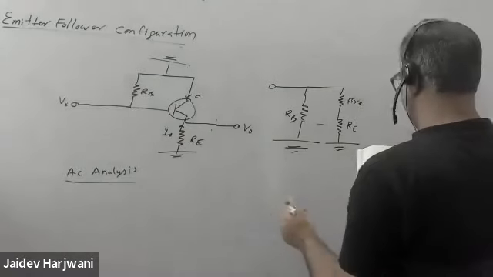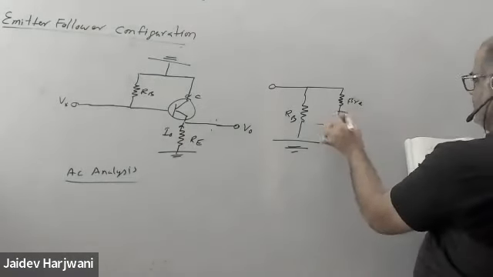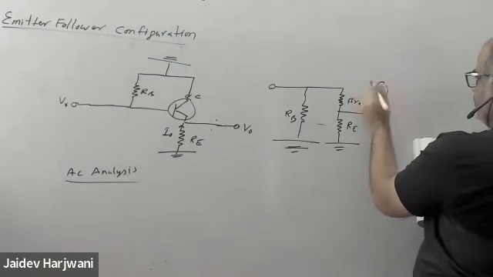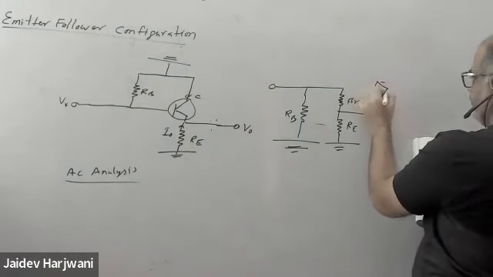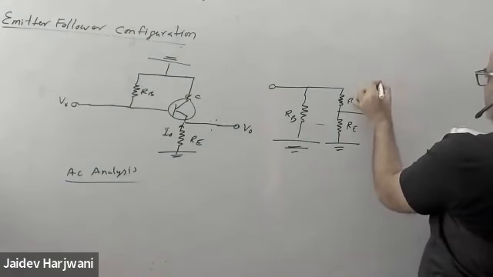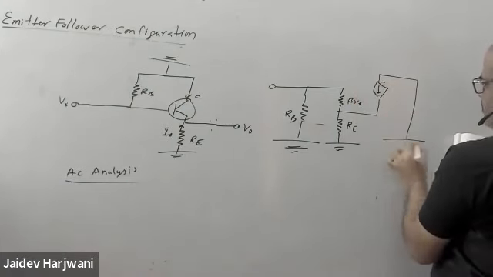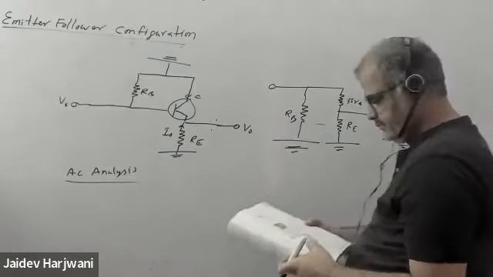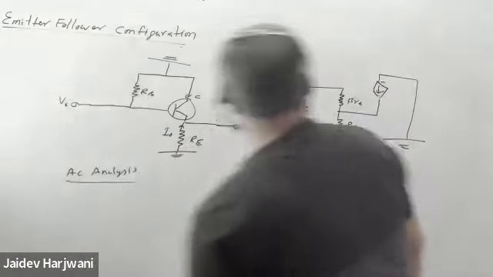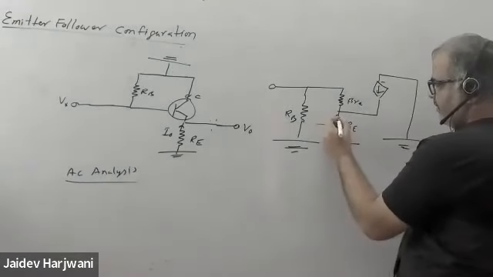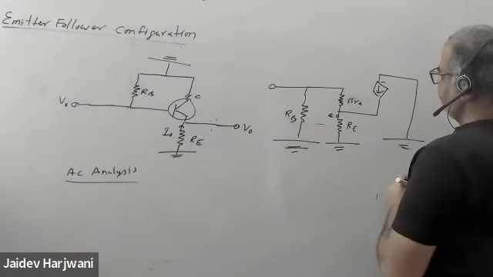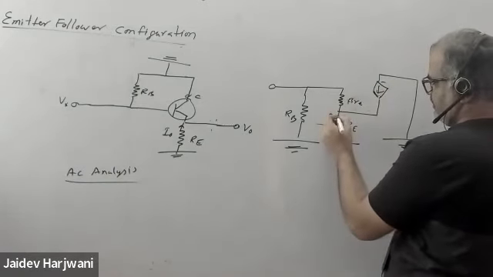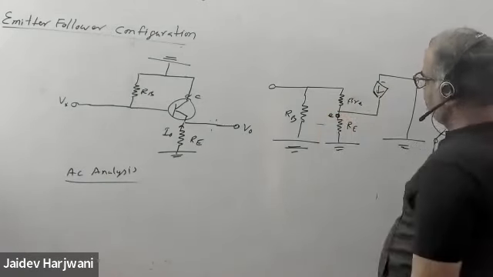So this circuit will now become beta re, and this will become your source, and this is your ground. So basically this has now become your emitter terminal. So this is the equivalent circuit.